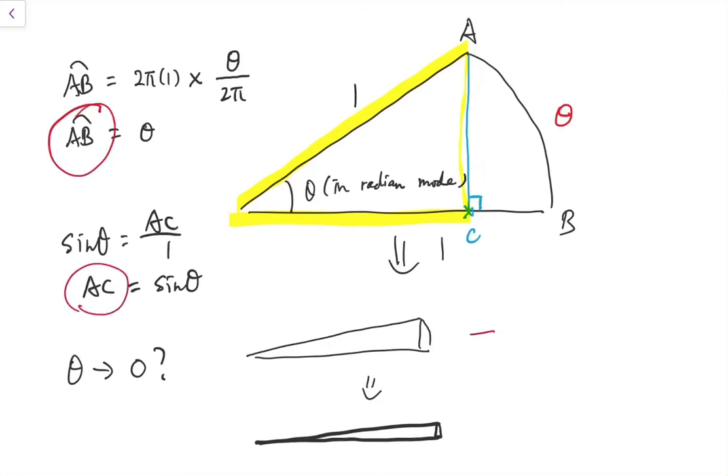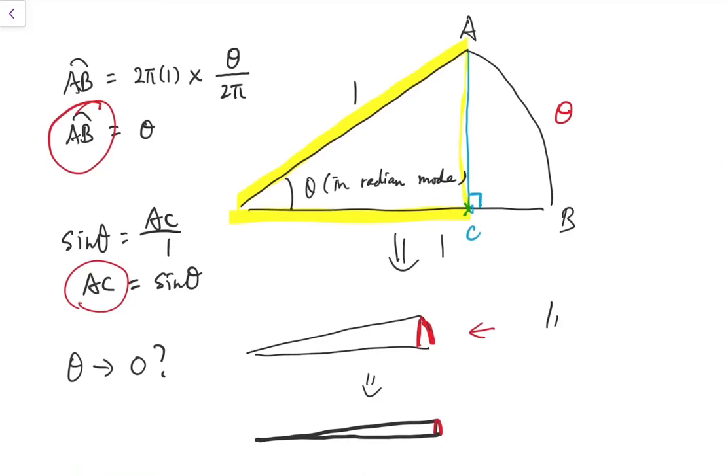Can you imagine AB and AC? Now, if it is this one, then this will be the AB and this is AC, right? And if it is the last one, then this is the AB and this is AC, right? Can you see that? They are closing. The difference between them is not that big as before. They are closing to each other, right?